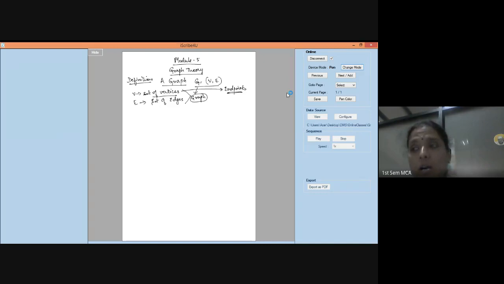A computer network can be modeled using a graph in which the data centers are represented by the vertices, and the communication links, which any computer network will always have, are represented by the edges. That's a simple example of a graph that represents a computer network.